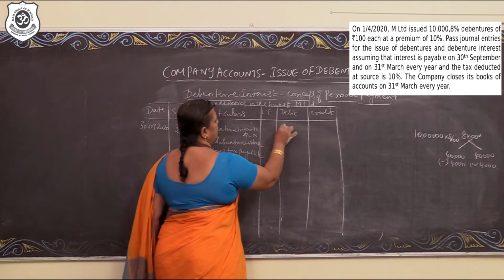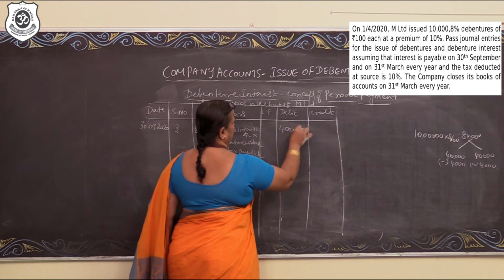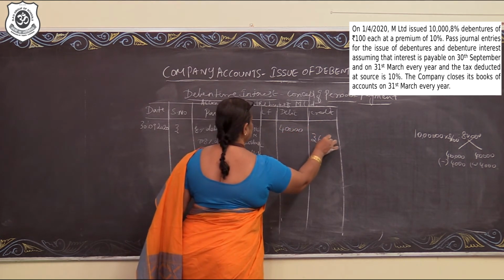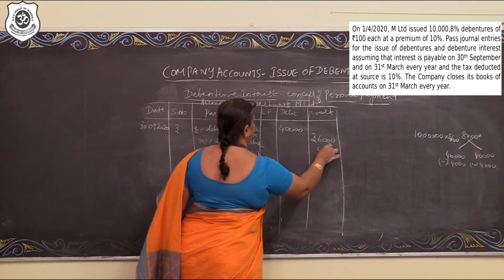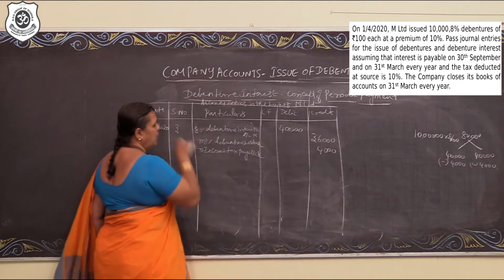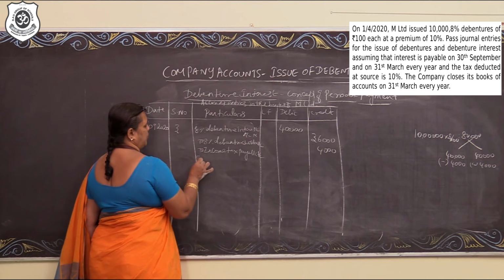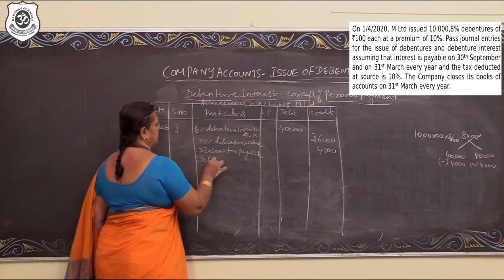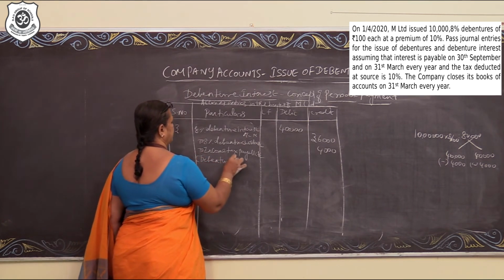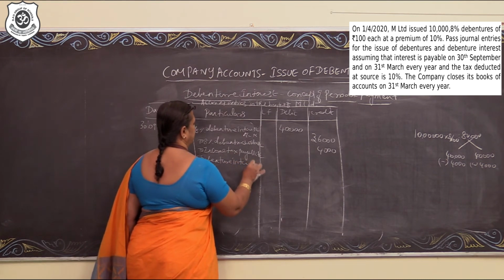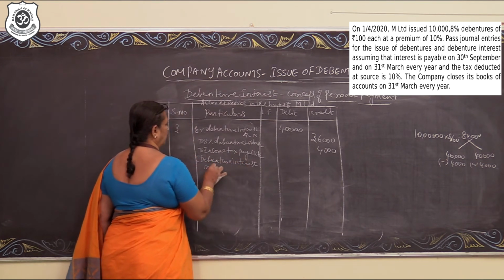So, total debenture interest payable is 40,000 rupees, out of which 36,000 will go to the debenture holders and 4,000 rupees will go to income tax payable account. So, debenture interest made due.